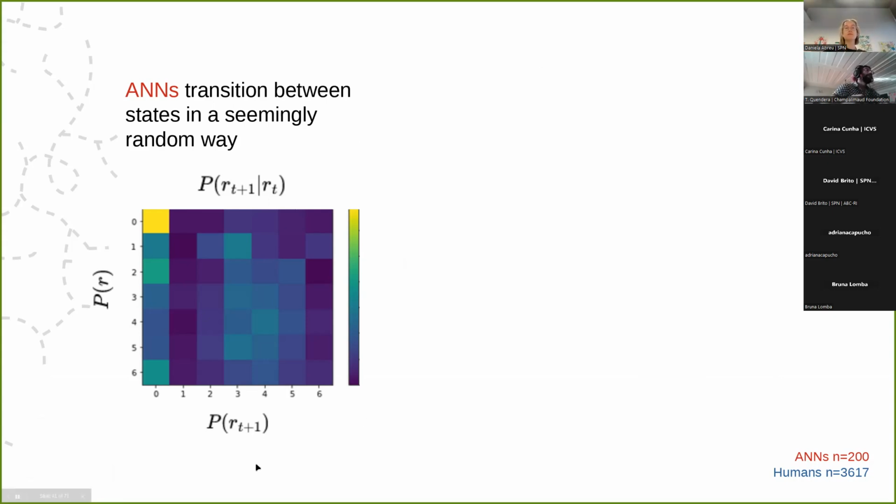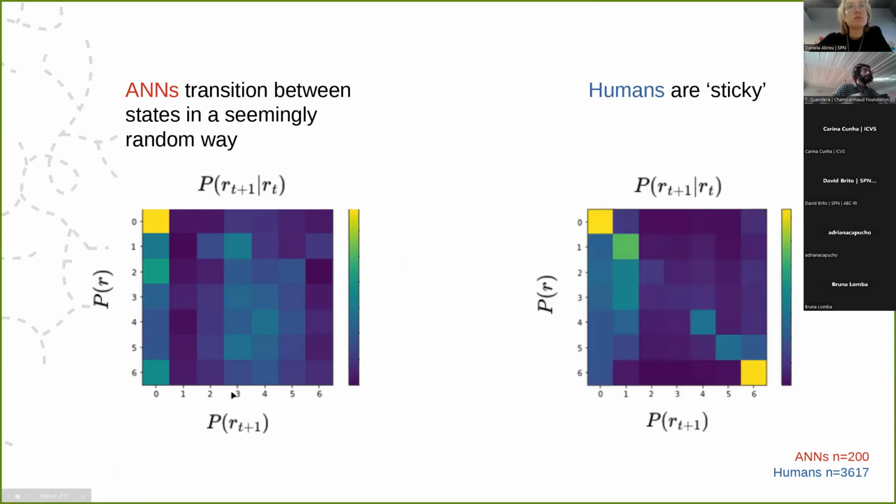What you can see is that artificial neural networks seem to explore the state space in a more or less random way. There doesn't seem to be a lot of correlation. Whereas if we look at how humans perform these tasks, they seem to be what we are calling sticky, meaning that they seem to stay on the same reward they were in the previous trial. This is highlighted by looking at the diagonal of this plot and how it is explored.